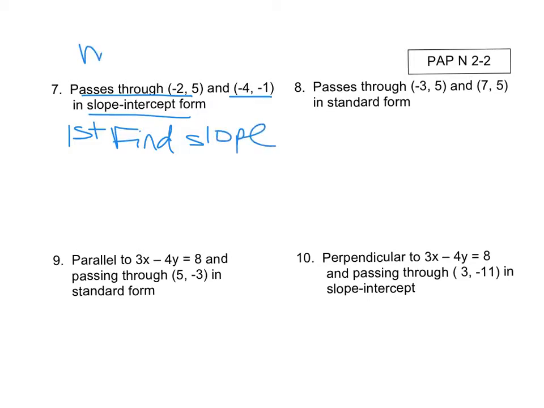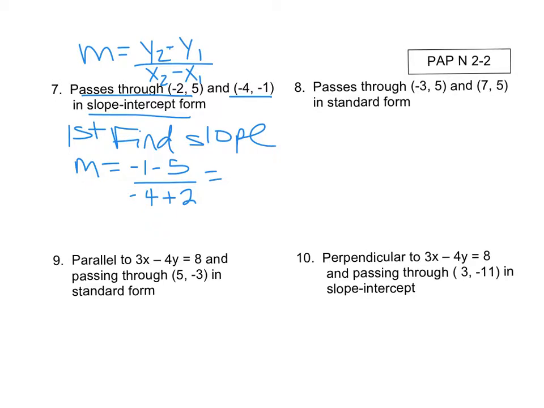So remember, your slope formula is y2 minus y1 over x2 minus x1. So finding the slope, our y2 is -1 minus 5 over -4 minus a -2, which would make it +2. So that would be -6 over a -2. So overall, that would be a +3.